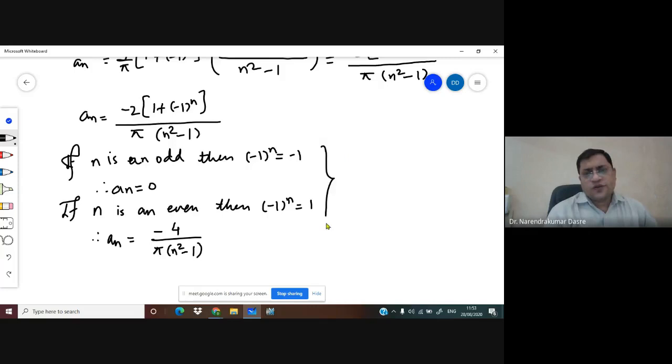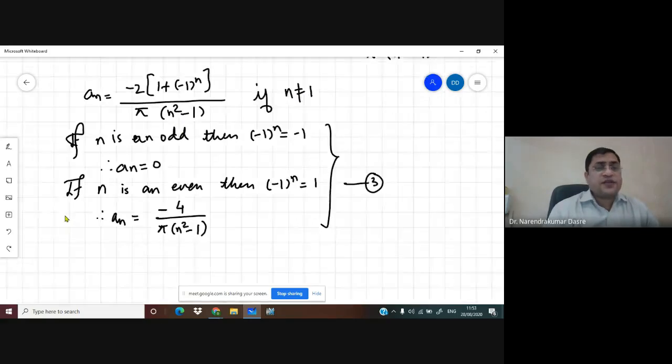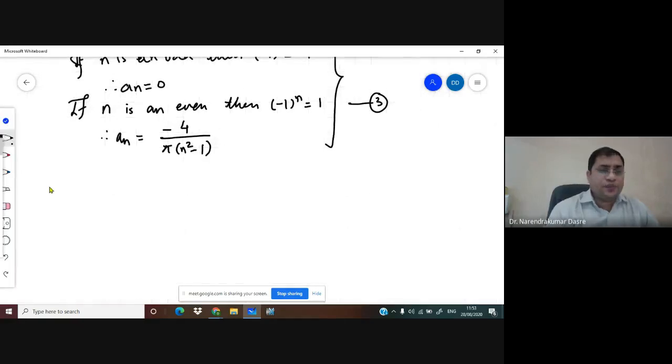Okay. So this is the equation 3. Here we have the condition if n is not equal to 1, because if n goes 1, this formula is not applicable. So we have to be careful that if n is not equal to 1, then this will not be applicable. So we have to find out what happens at n is equal to 1.